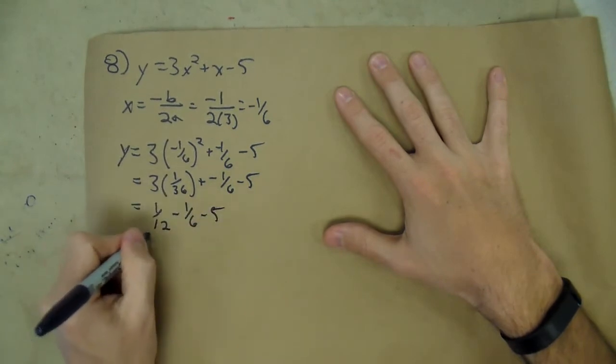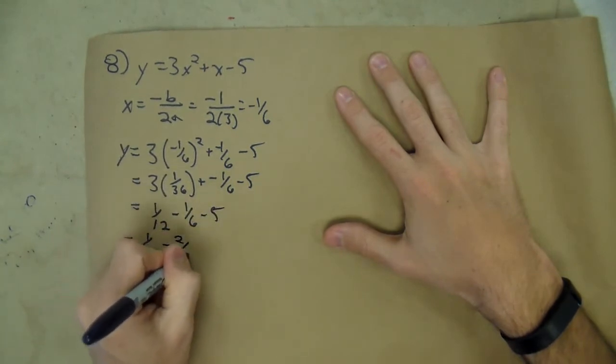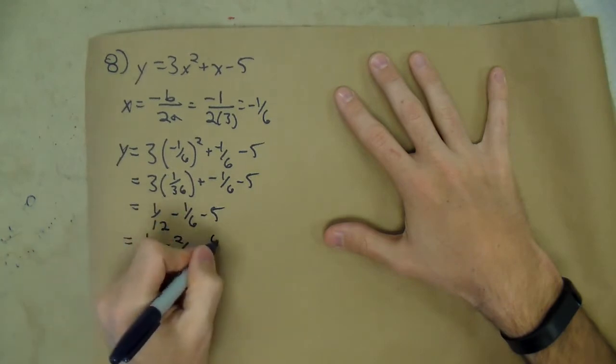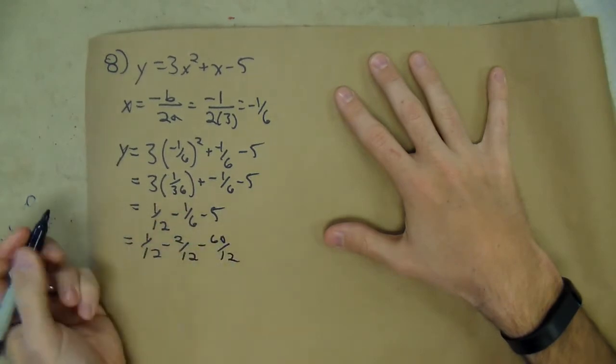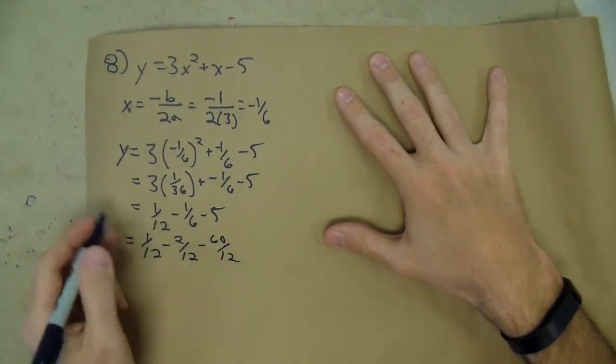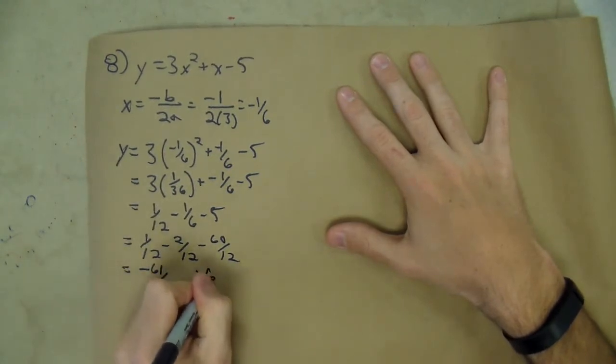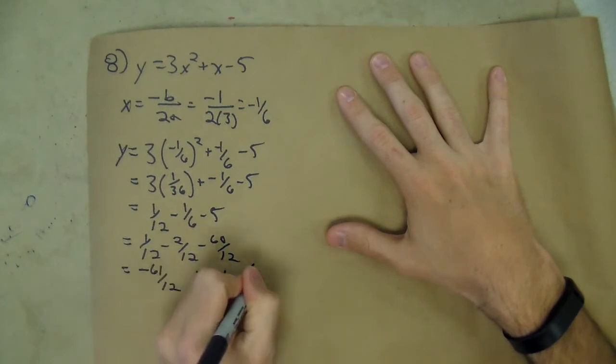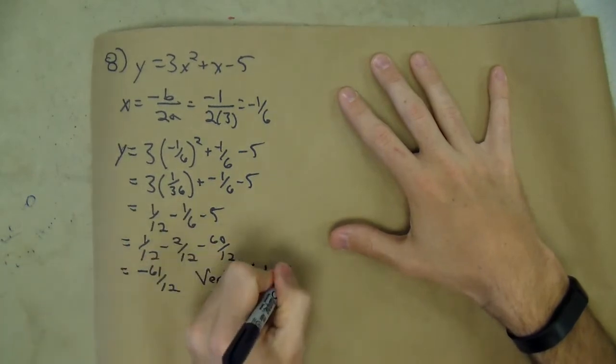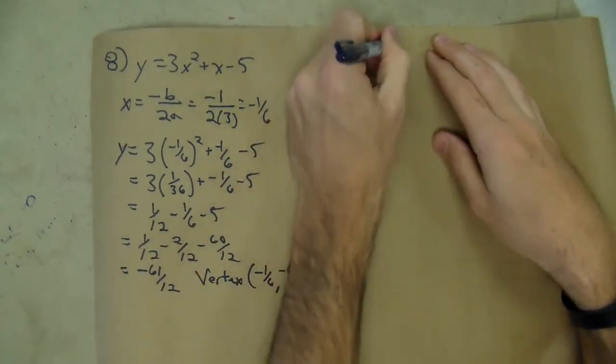Let's convert them all to have a denominator of 12. Looks like we have a negative 62 and a positive 1, so it's going to be a negative 61 over 12 for our vertex. So negative 1/6 and negative 61 over 12.